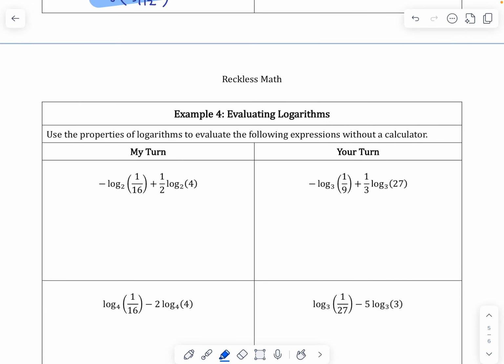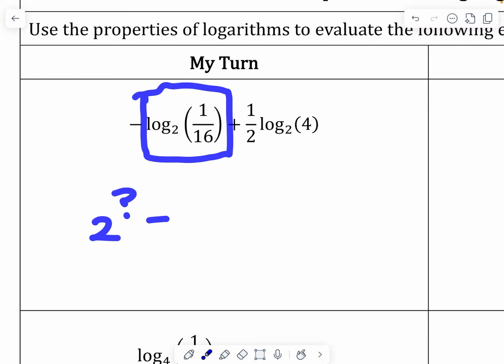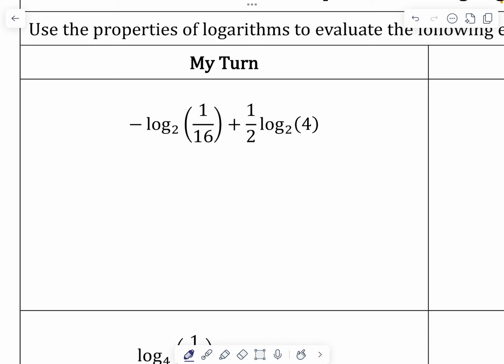Example 4, evaluating logarithms. Use the properties of logarithms to evaluate the following expressions without a calculator. What is log base 2 of 1/16? In other words, 2 to the what power equals 1/16? -4, plus 1/2.